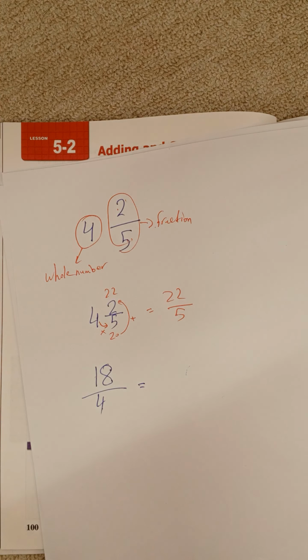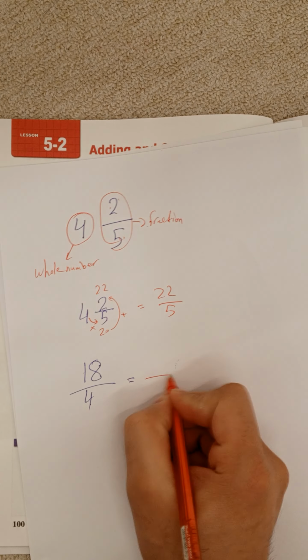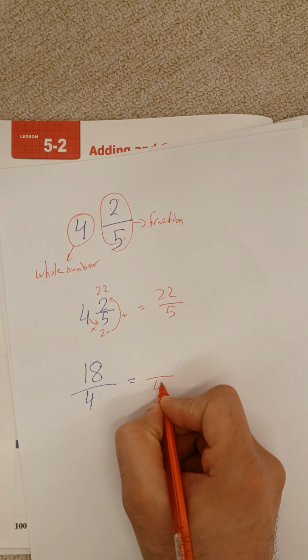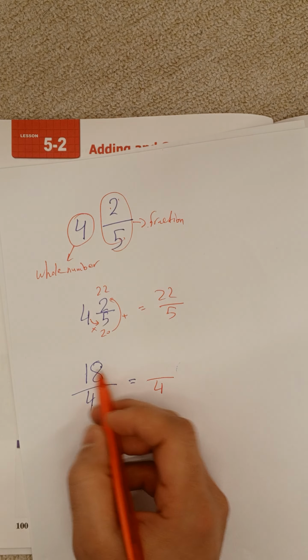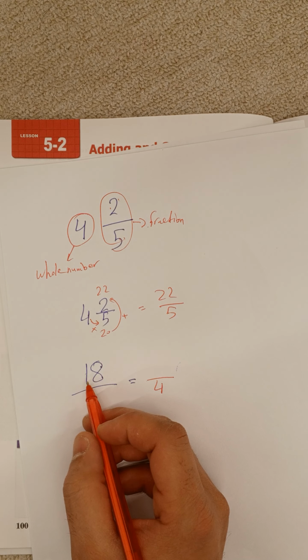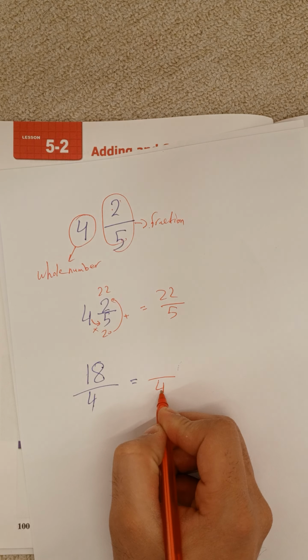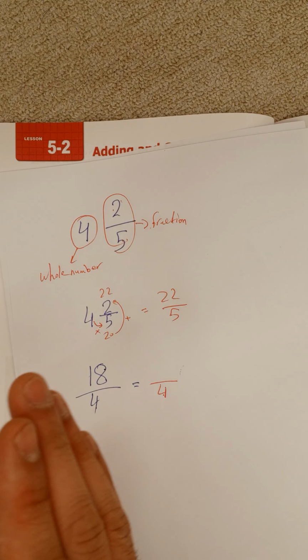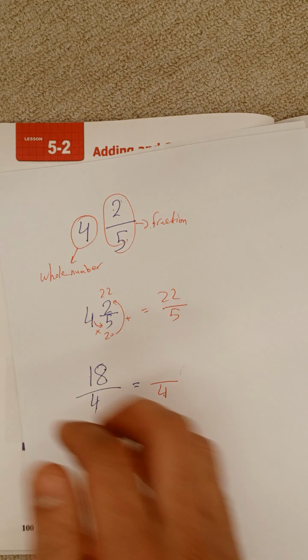First, let's use our mind to find the answer. Our denominator is 4, okay? The top number, the numerator, is 18. So 4 times what number is exactly 18 or is very close to 18? Let's think. 4 times 4, right?